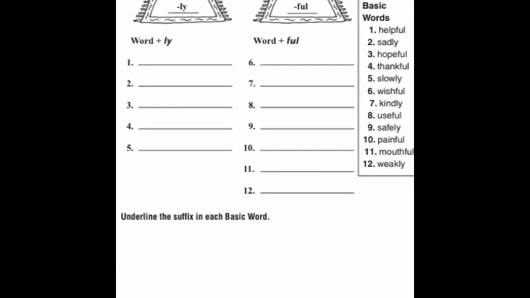So we will read from the box here. Helpful, sadly, hopeful, thankful, slowly. Number 6, wishful. 7, kindly. 8, useful. 9, safely. 10, painful. 11, mouthful. 12, weekly.